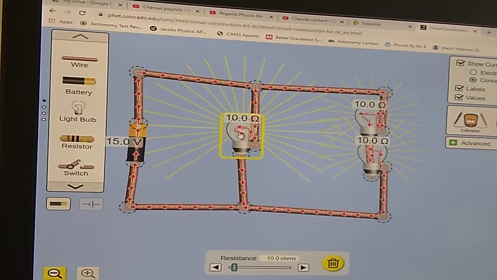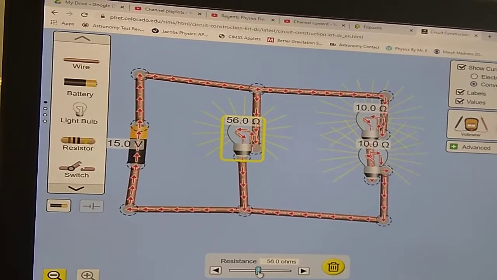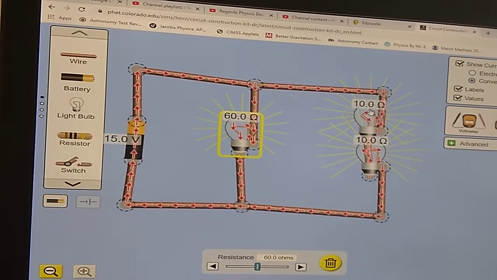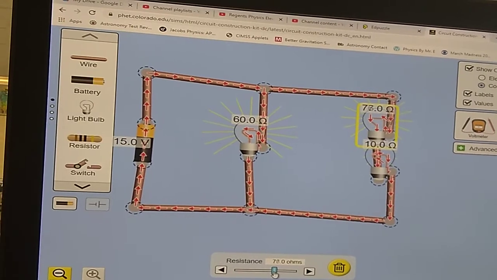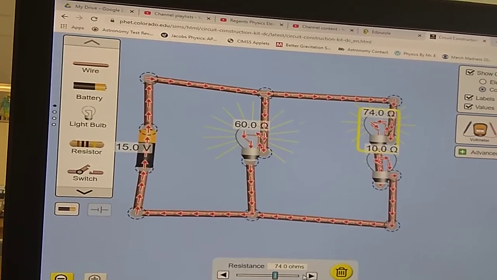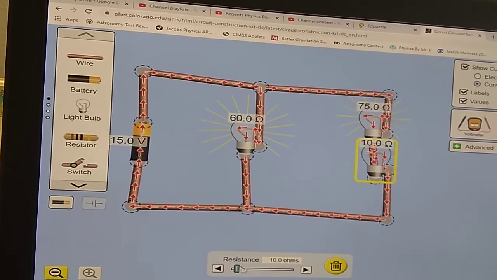Okay, and let's change the resistances. This one will be 60. And we're going to do 75. And another 75.